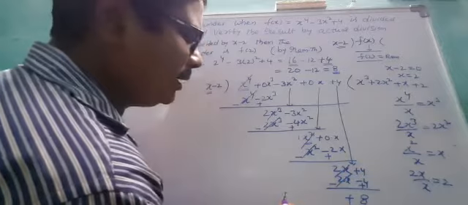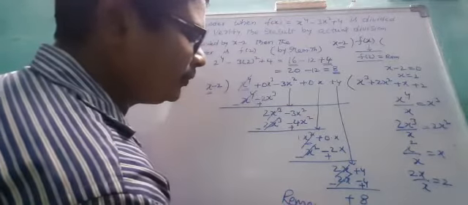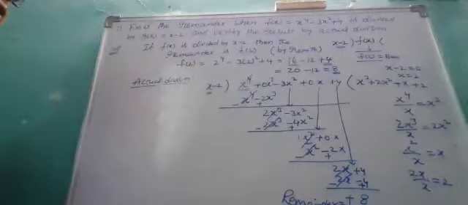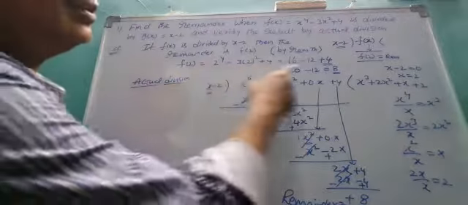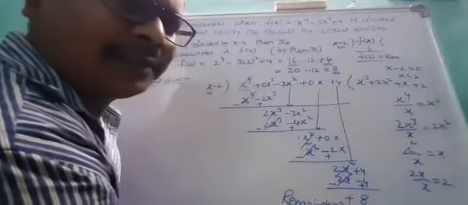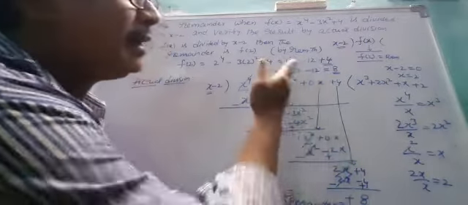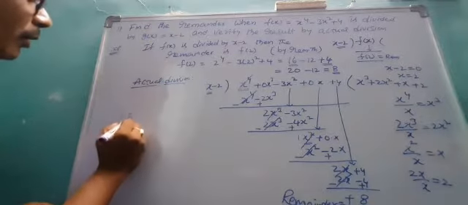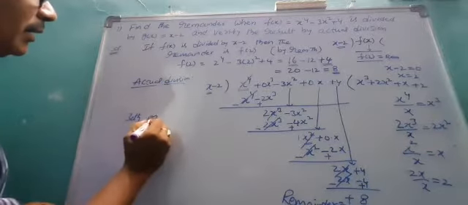Okay, what is the remainder here? Remainder equal to 8. Okay, we verified it. With the help of the remainder theorem, we got 8 as the remainder. With the help of actual division, you get the same remainder once again. That means they are verified.